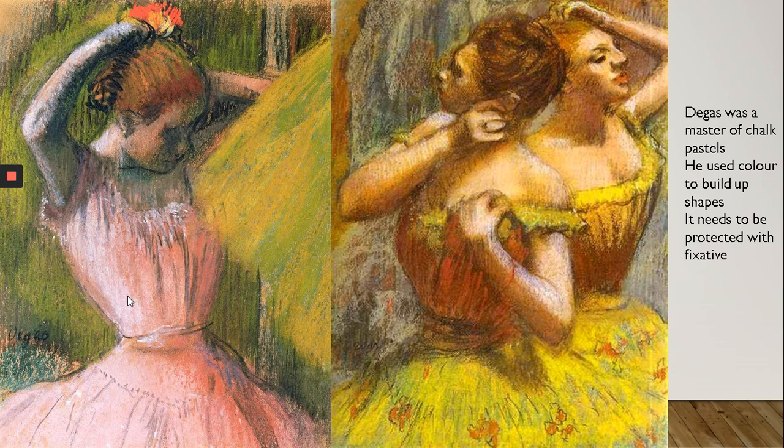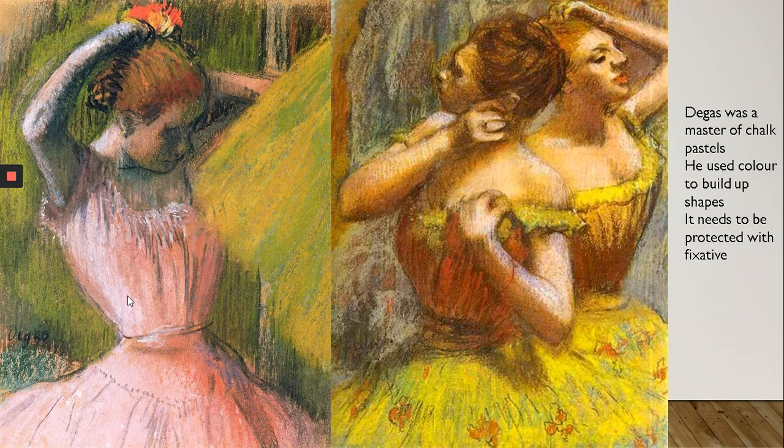Okay, Degas is an artist that we're going to study in grade 11, and you can see in this artwork he has used chalk pastels. This is the kind of style that you will get out of using chalk pastels, and chalk pastels are one of those mediums that have to be sprayed with a fixative. If you don't have a fixative, you can also use an aerosol airspray. Not the liquid hairspray, it's going to make your work look all stained.